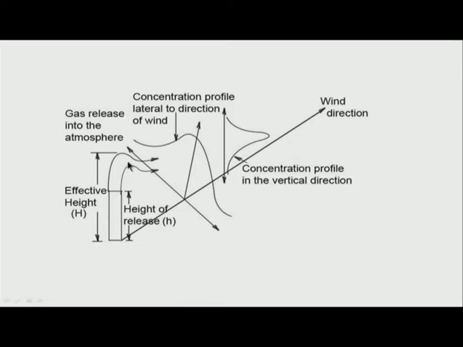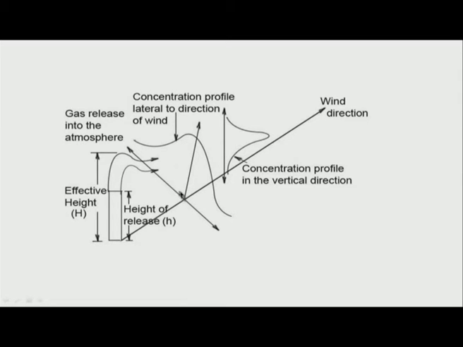When it reaches an effective height h, the wind takes it off, and if the direction of the wind is, let us say, the x direction, the wind takes the plume or the leak gases away. When the wind is taking it away in the x direction, I have the lateral direction over here, which is the y direction.